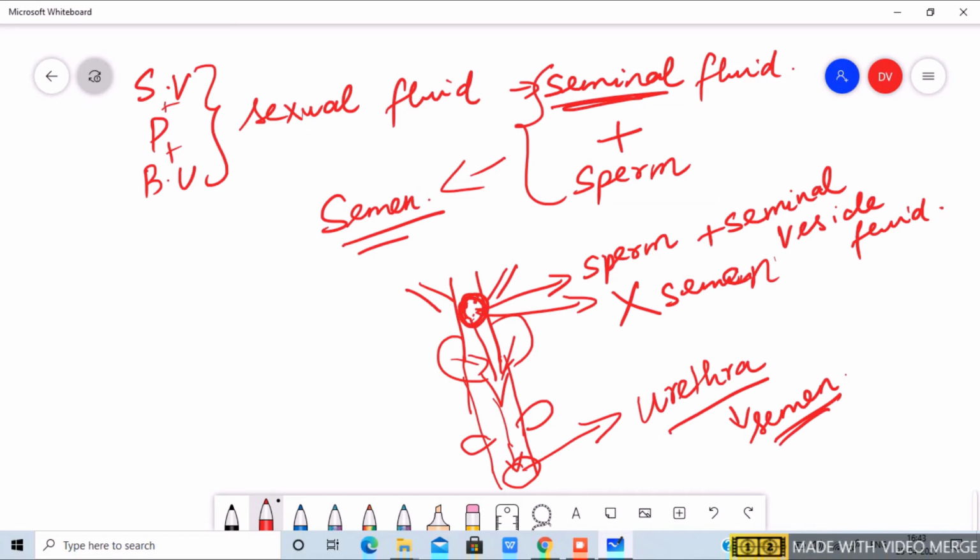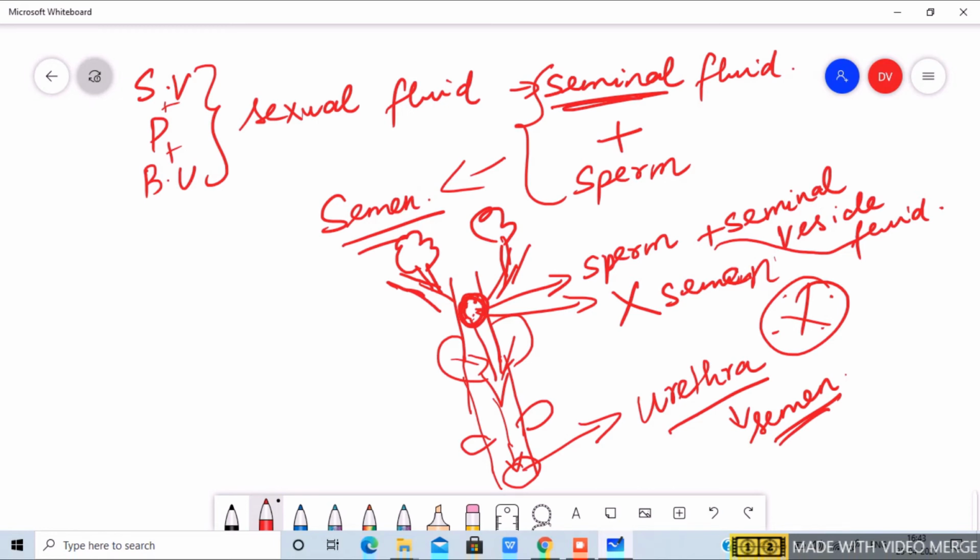The ejaculatory duct just has sperm plus the seminal vesicle fluid, because the seminal vesicle is attached to the duct like this. Alright guys, you have to know that. Very, very important question from an exam perspective. Alright, so that will be expelled out.